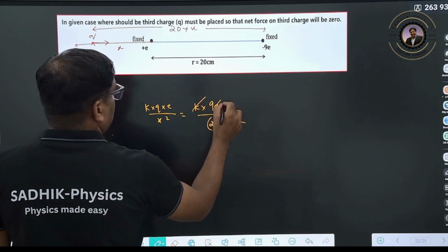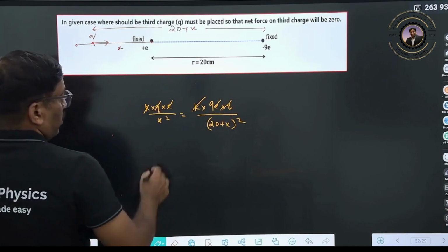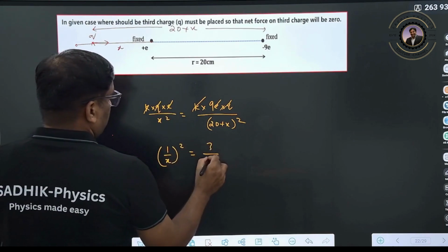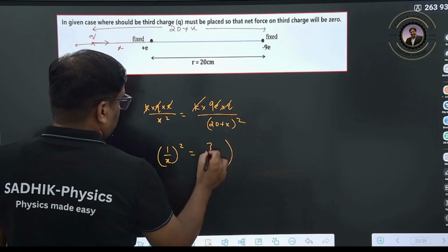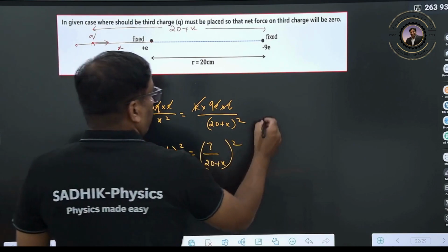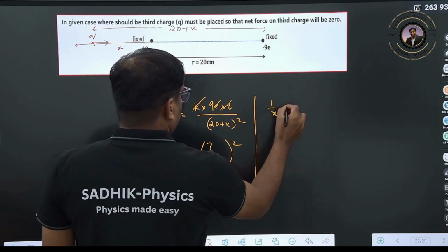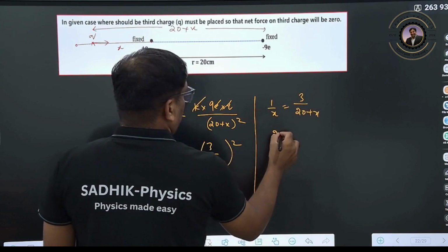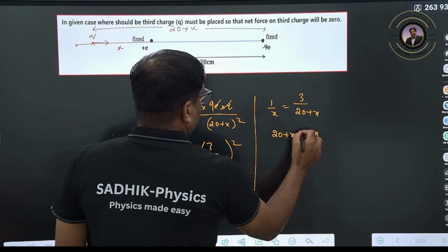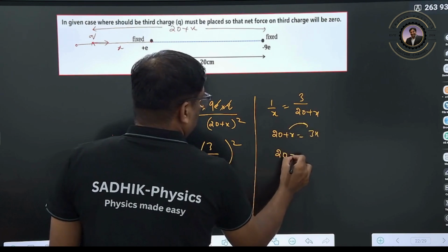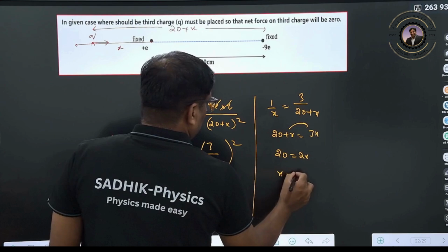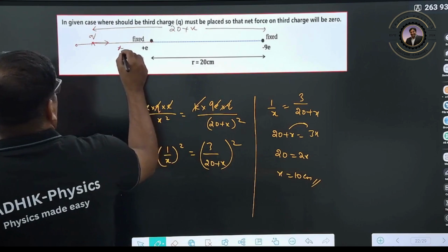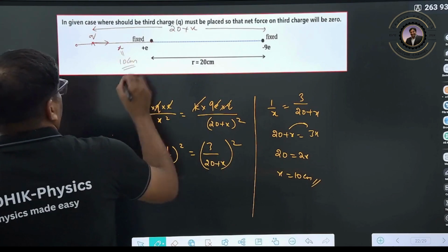This will get cancelled out, no? Clear? So 1 by x whole square is equal to 9 by 20 plus x whole square, therefore 1 by x is equal to 3 by 20 plus x. Taking this, 20 plus x is equal to 3x. So 20 is equal to 2x, x is equal to 10 centimeter. So this value will be equal to 10 centimeter.